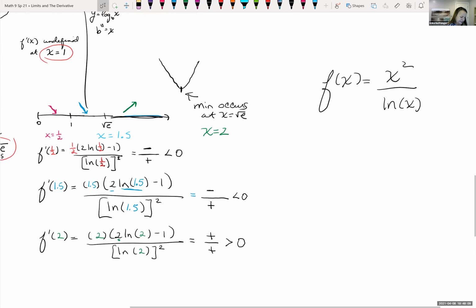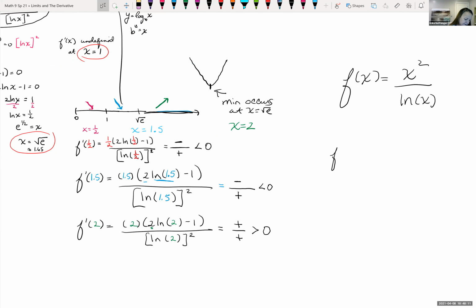So looking at this, we have f of square root of e. So we get the square root of e squared all over the natural log of the square root of e. If we want to, let's rewrite that as e to the 1/2 on the bottom.